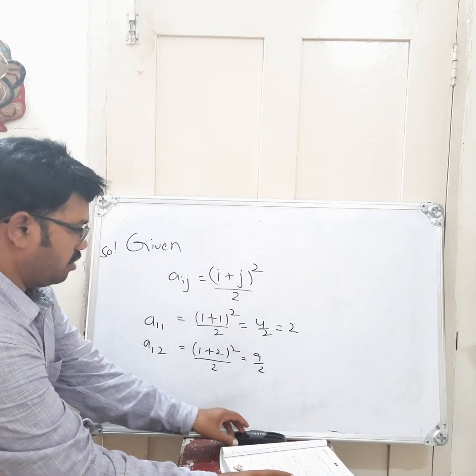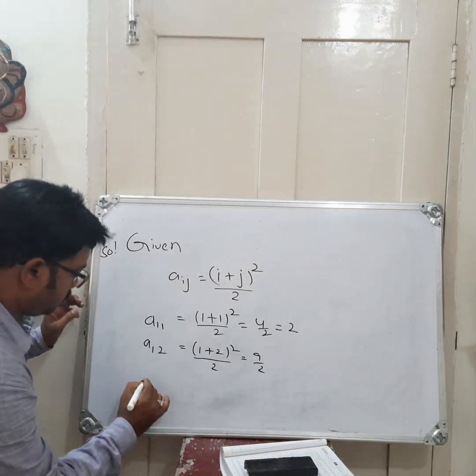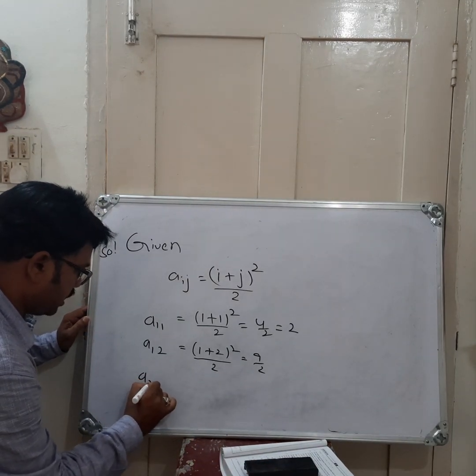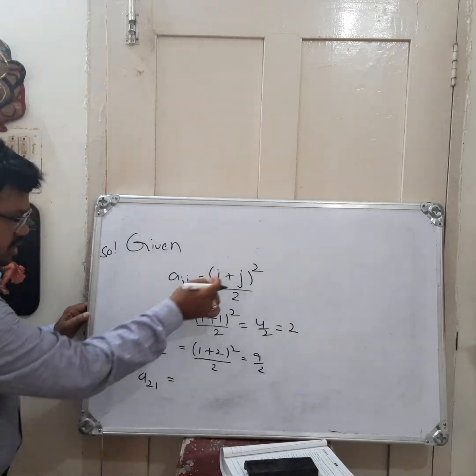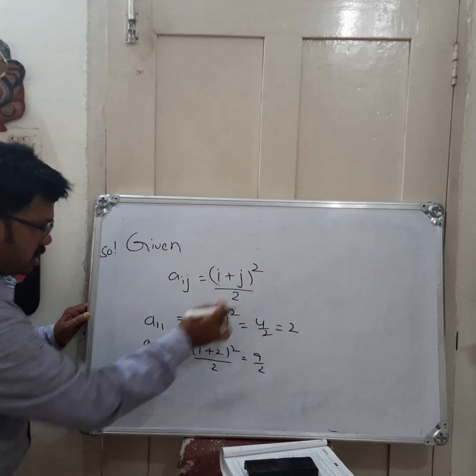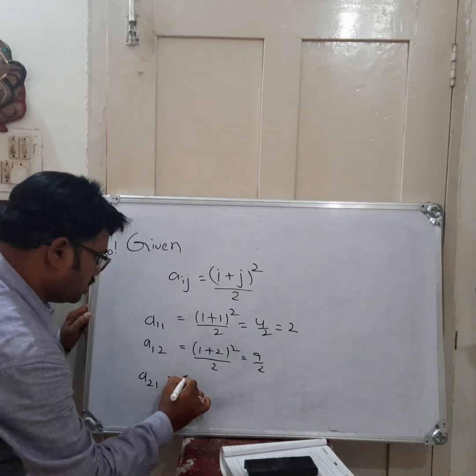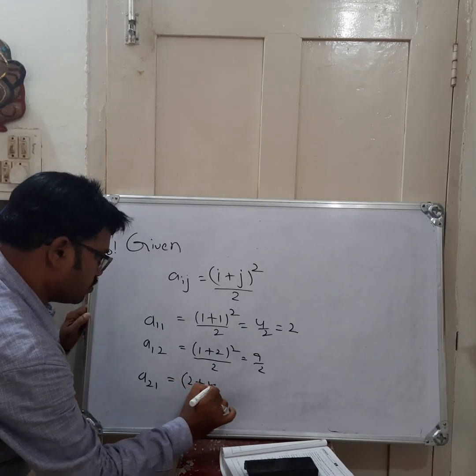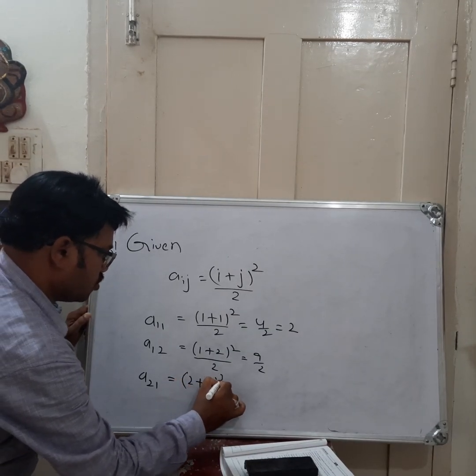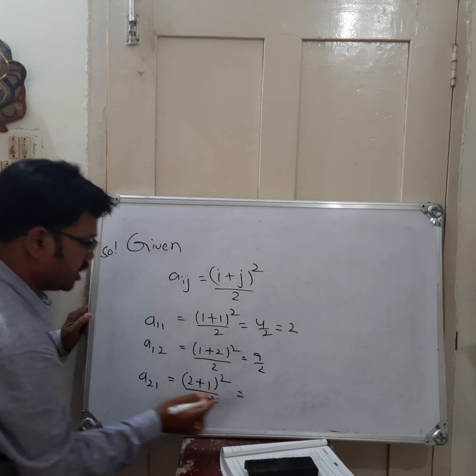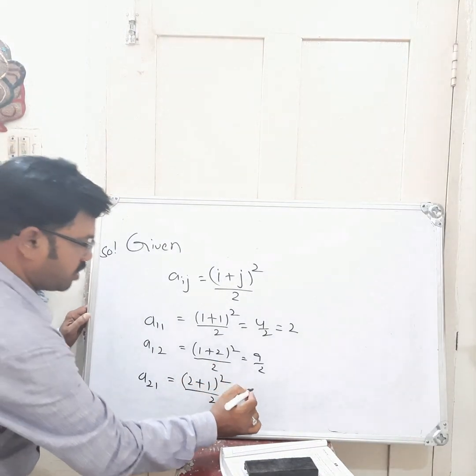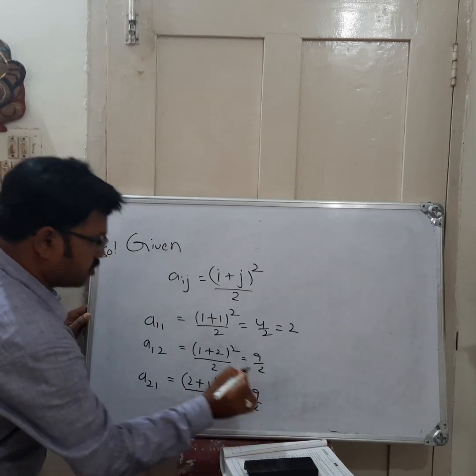So next element is A21. This means here i value equal to 2 and j value equal to 1. Substitute in this relation, then we get (2 plus 1) whole square divided by 2. Here also 2 plus 1 is 3, 3 square value is 9, so 9 by 2.